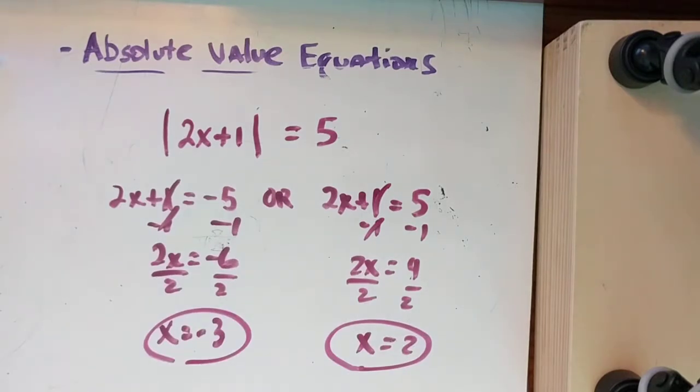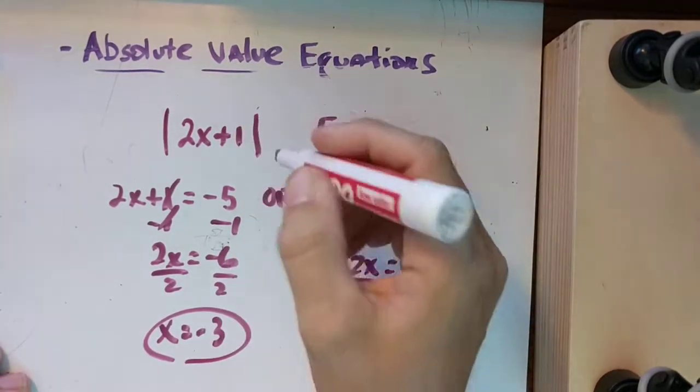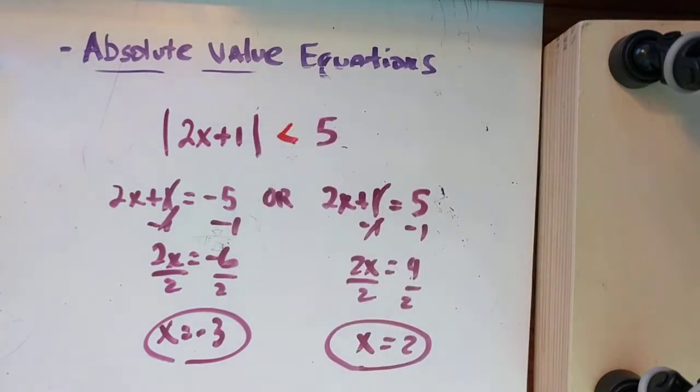Okay, now what happens to this problem if it's an inequality? Well, as we said before, if there's a less than sign here, then the x's are going to be between these two numbers.